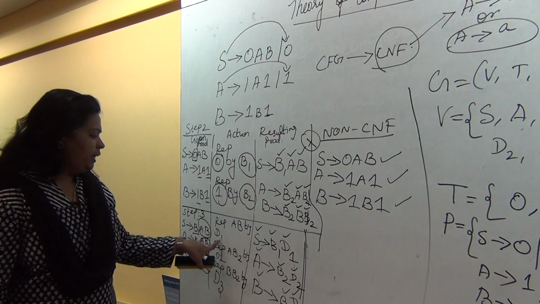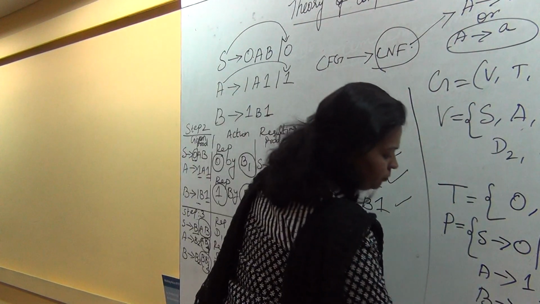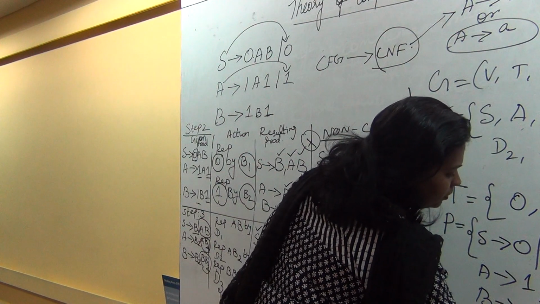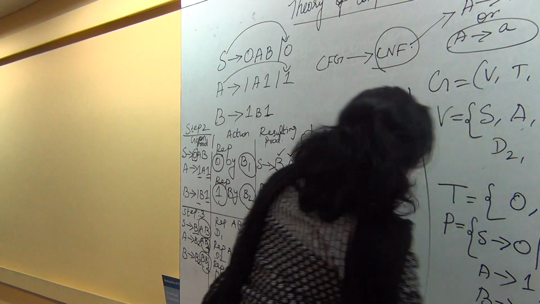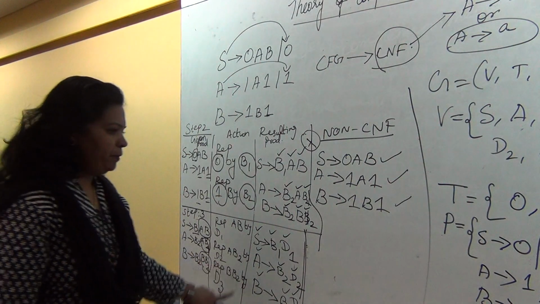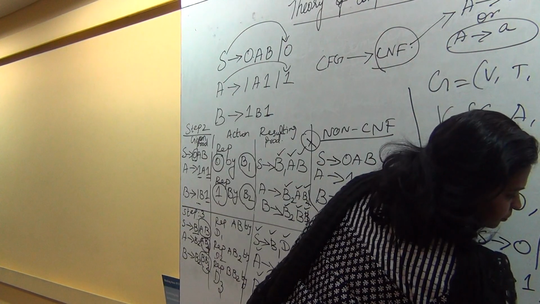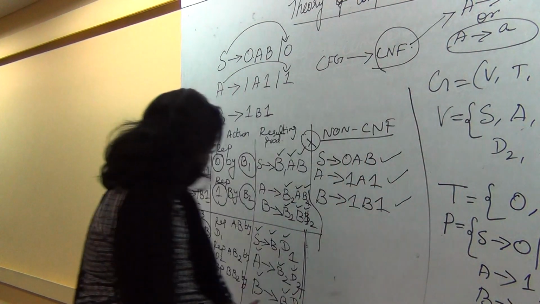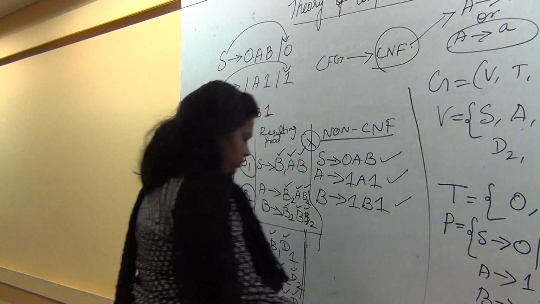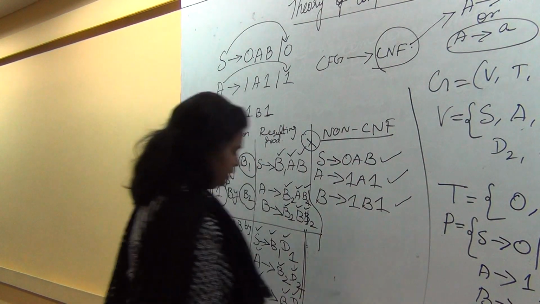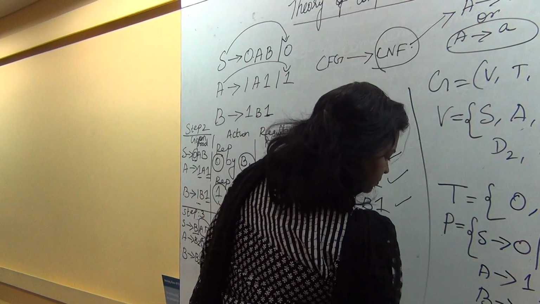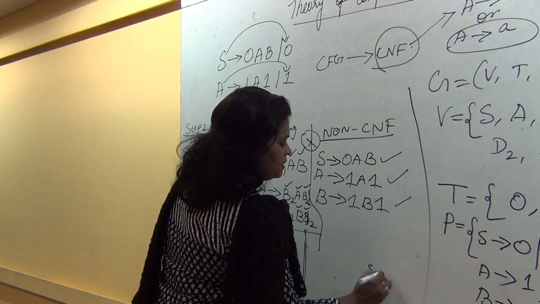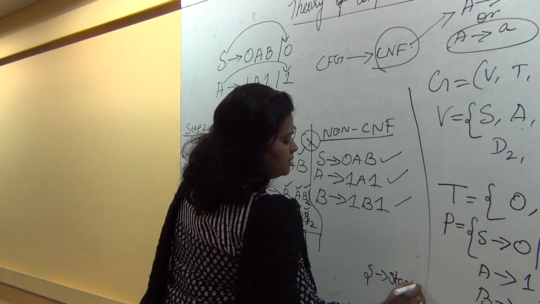and we need to include this AB. D1 tends to AB, D2 tends to AB2, D3 tends to BB2, and S is the start symbol.